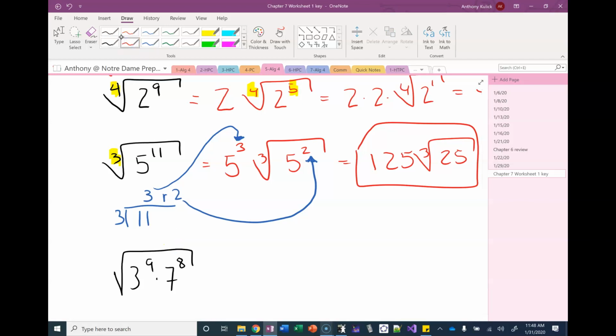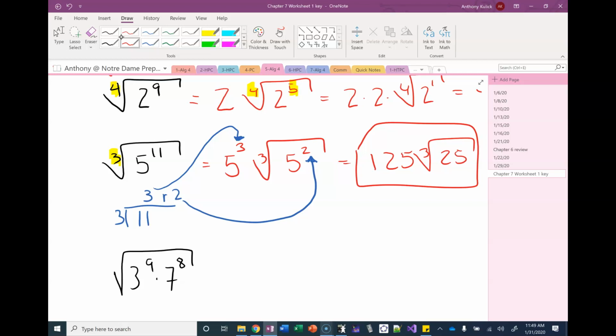So this is the square root of 3 to the 9th times 7 to the 8th. So this one I'm going to do a couple more steps on because it's a little bit different than the previous ones. First thing we need to do is identify the exchange rate for the problem. The exchange rate is not 0, it's not 1, it's 2.